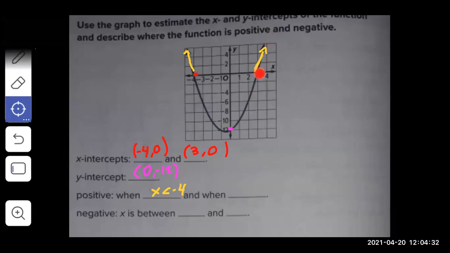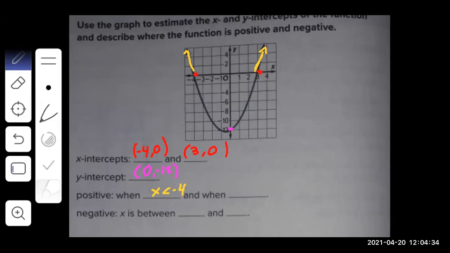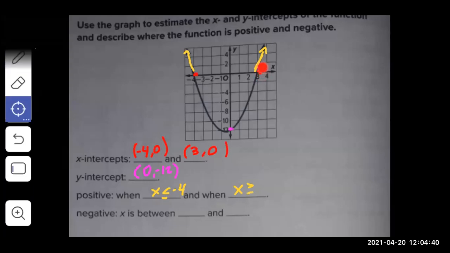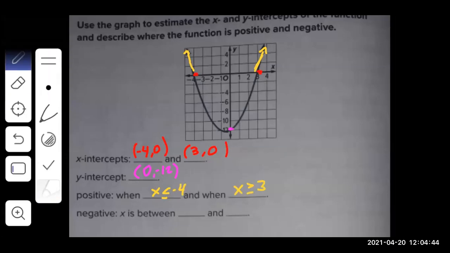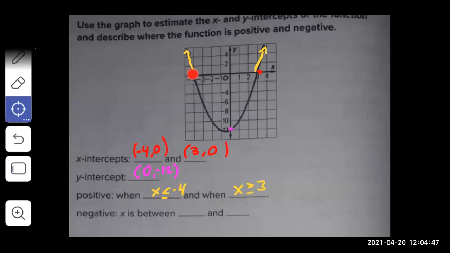When x is equal to or greater than what value? +3. Just leave it like that, guys. From this point to the left, x less than -4, or when x is greater than or equal to +3. And this part is increasing.